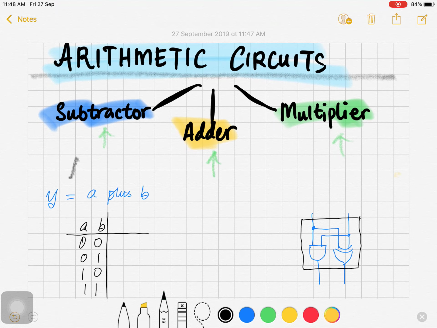Now let's consider the adder circuit, which corresponds to the addition. Before we think of adding large numbers that require a large size of binary digits, or we call them bits, the word bit actually comes from the word binary digit.